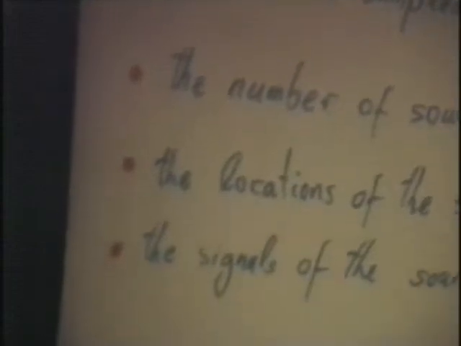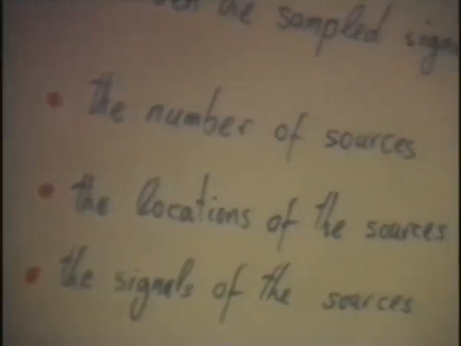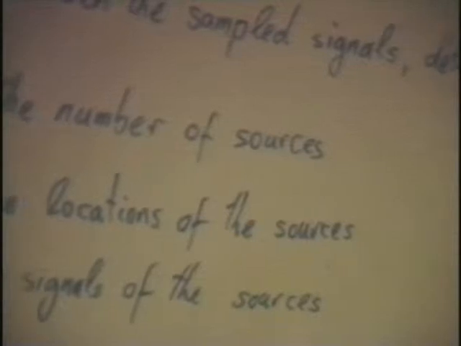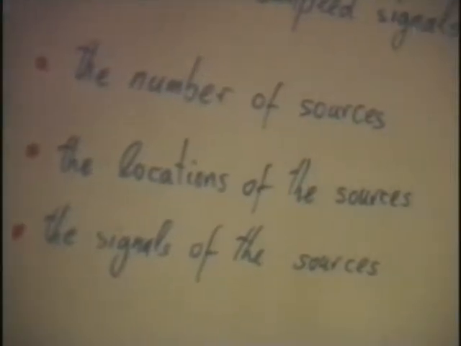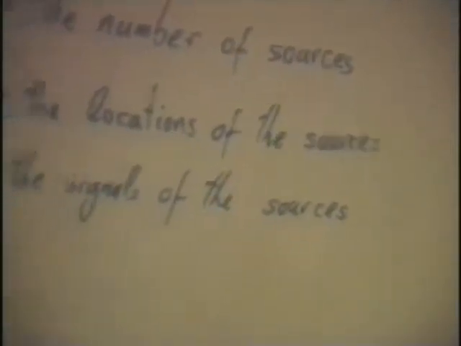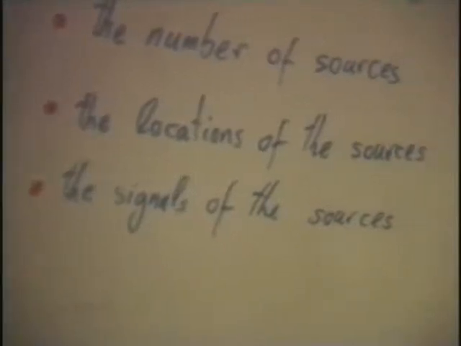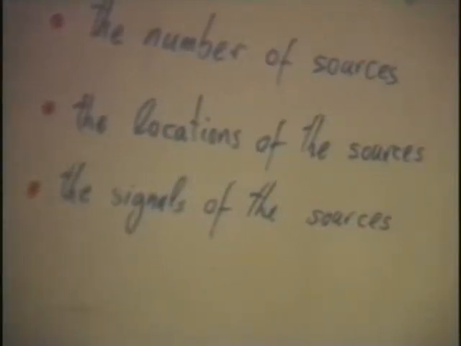And based on these samples, so let's say we have M samples, at times t1, t2, and so on, we look at all this data, and based on that we want to extract all these relevant parameters, that is the number of sources, the directions of the sources or their locations, and the signals of the sources. So all these parameters are all the relevant information in the signals.